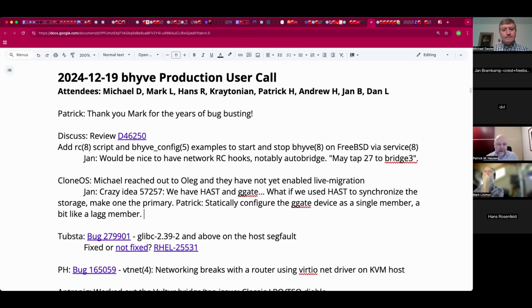So, Jan, are you going to tell me that this is not possible, having a GEOM gate with a single member? Or is GEOM gate only the component of high availability with active, passive, and the proxy to pick between?